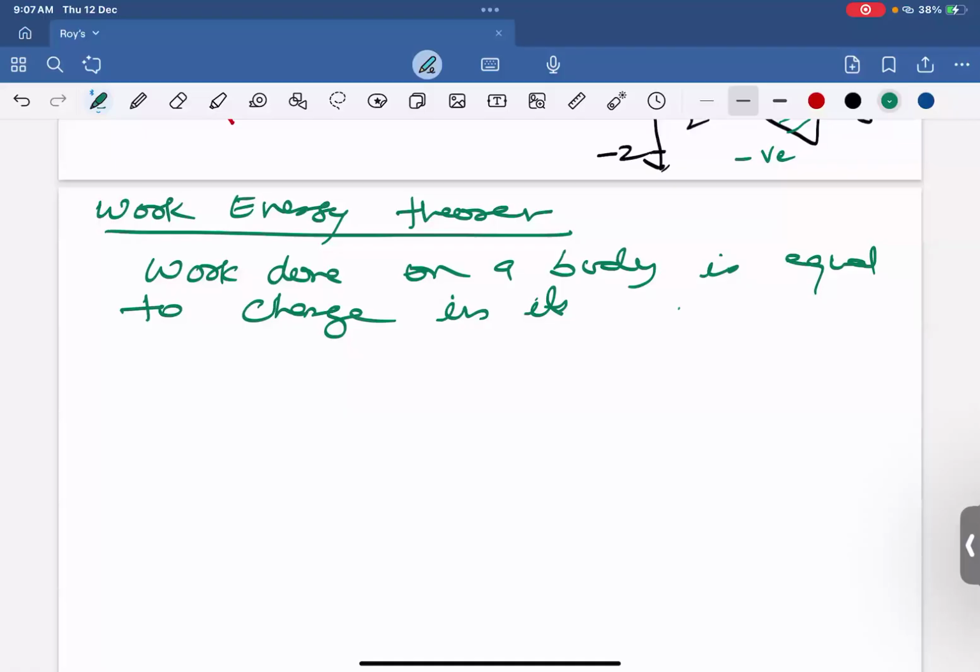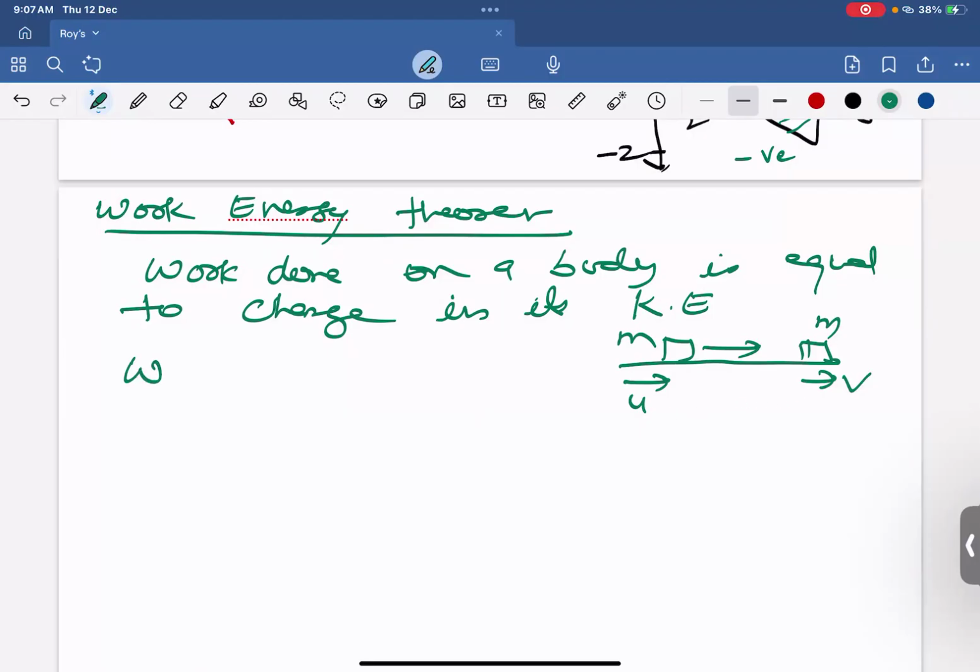If the body is moving on a horizontal road, there is no change in potential energy. Here the mass is m, here also m, here velocity is u, and here velocity is v. Even if you don't know what force is acting or how much the displacement is, no problem.